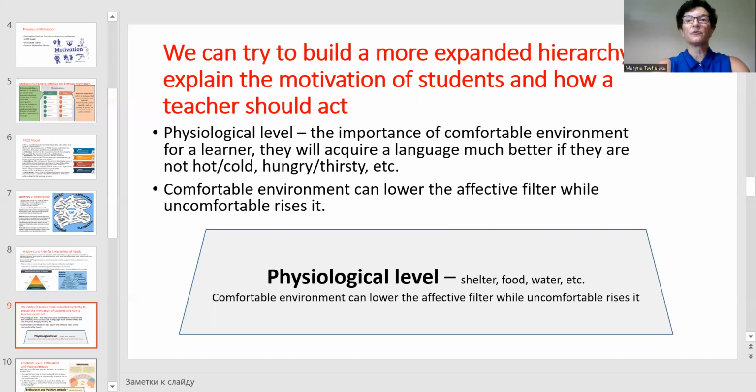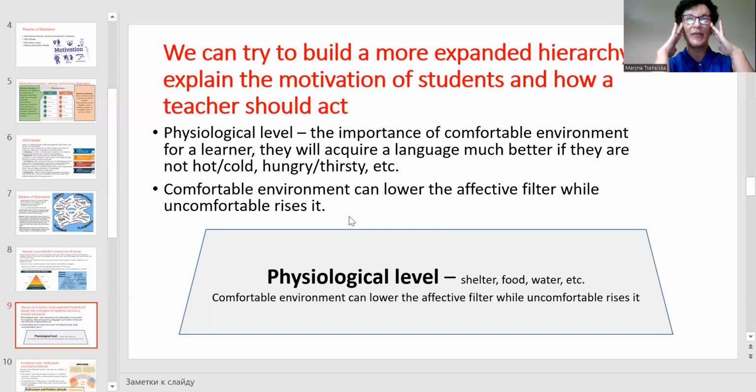Physiologically, people need food, shelter, water, and if we apply this idea to our classroom, we'll see that they will acquire a language much better if they are not hot, not cold, not thirsty, not hungry, and if the environment is comfortable.